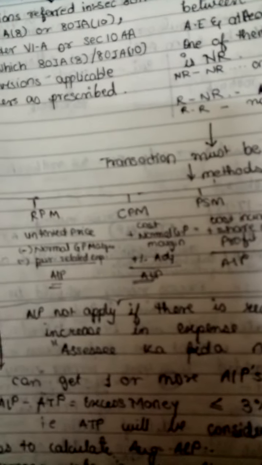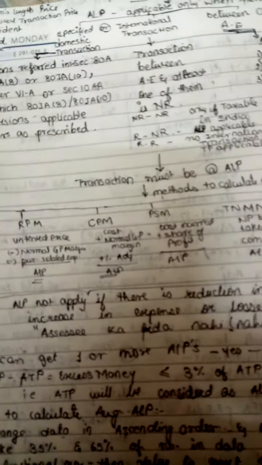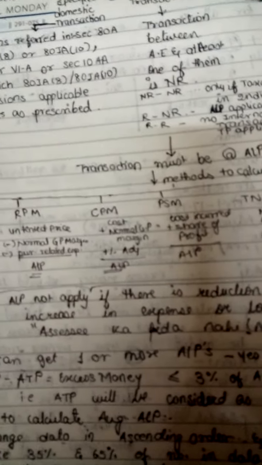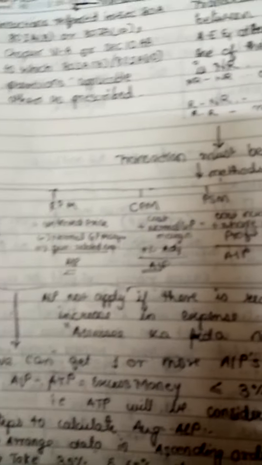In these three, probably RPM, CPM and TNMM, we have to find the gross margin, which is the percentage on operating cost or sales, as the case may be, and similarly we have to adjust our prices to reach ALP.